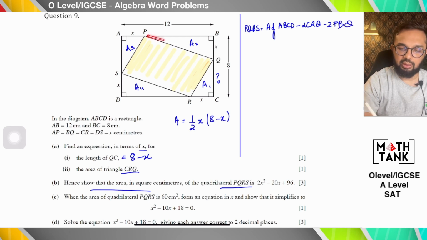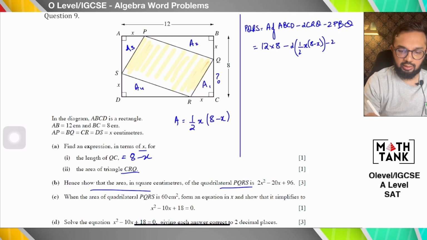I have two triangles that look like this, that's PBQ, and two triangles that look like that, that are APS and CRQ. So it's ABCD, which is just 12 into 8, which is 96. I just calculated CRQ, so I'm using that. And PBQ.